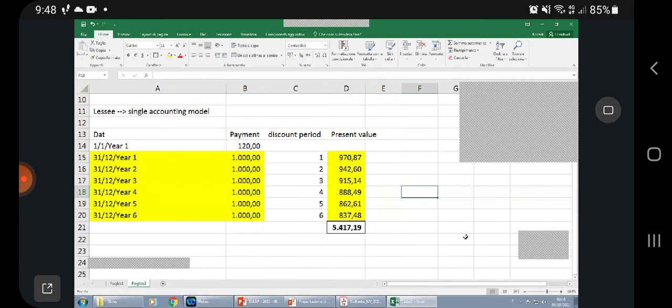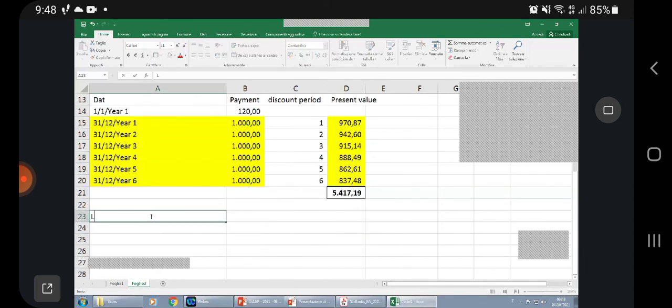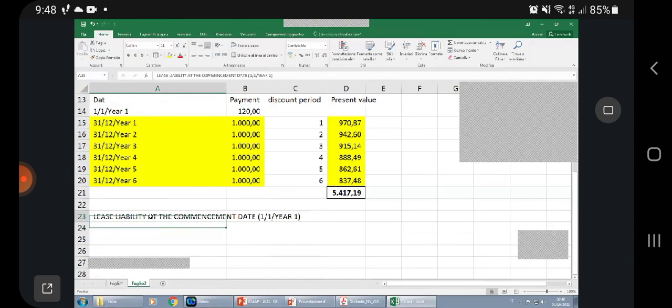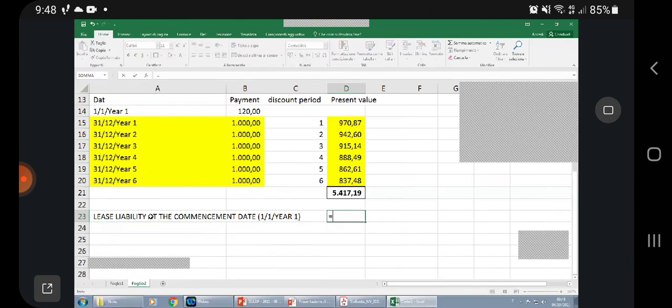This is the amount of the lease liability at the beginning of the contract, that in our case is 1st of January, year 1. This is the amount of the lease liability. Is this clear for everybody?